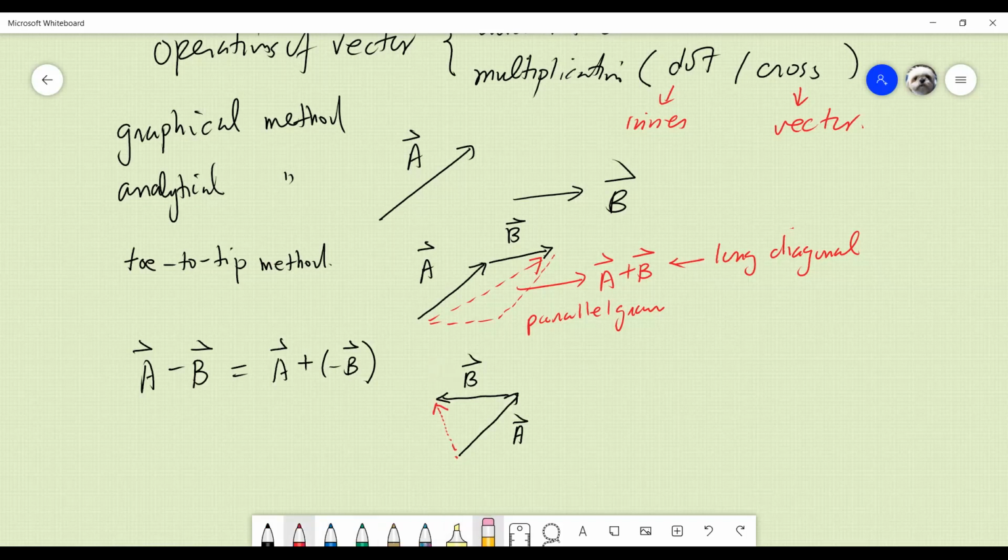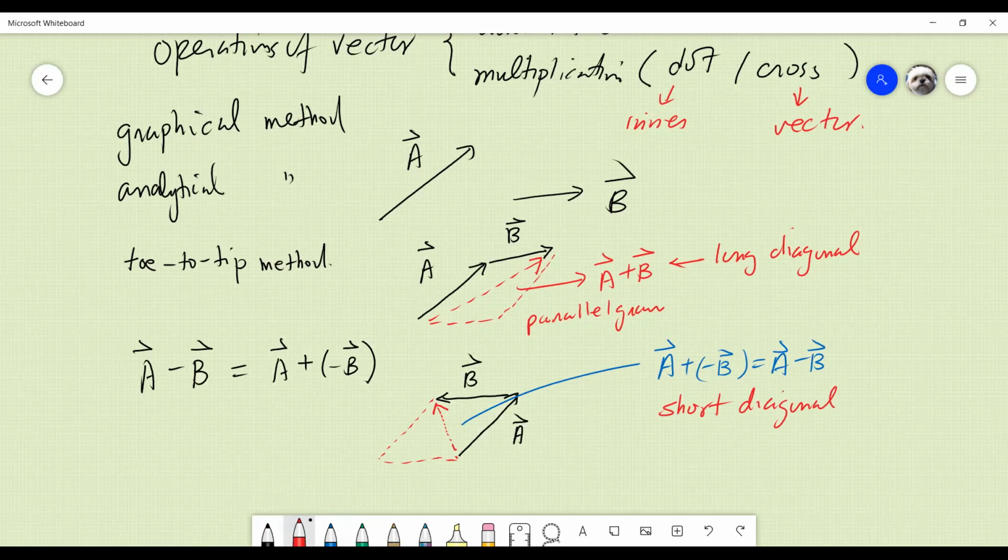By the way, this is not B, this is minus B. So that diagonal line represents A plus negative B, which is A minus B. If you look at it carefully, that represents a short diagonal.